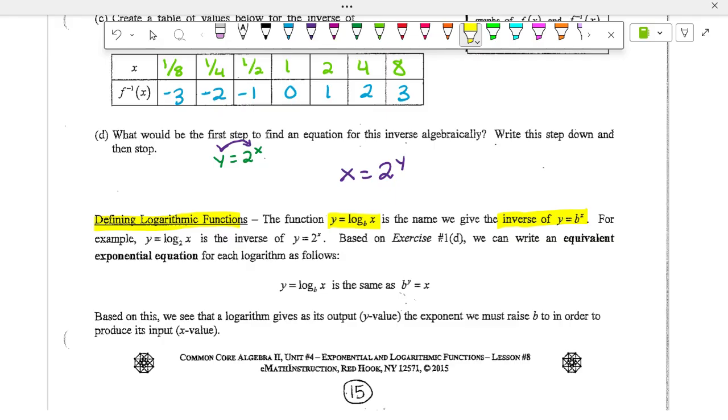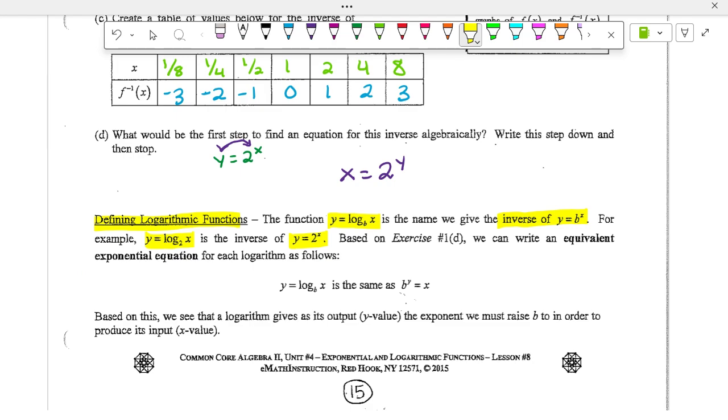So, for example, y equals log base 2 of x is the inverse of y equals 2 to the x power. Now, how we get that is something that I like to call loggy froggy.